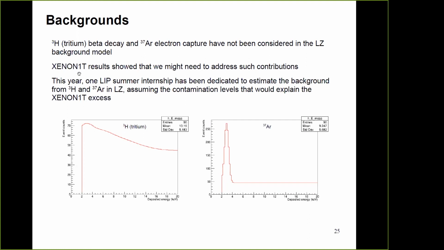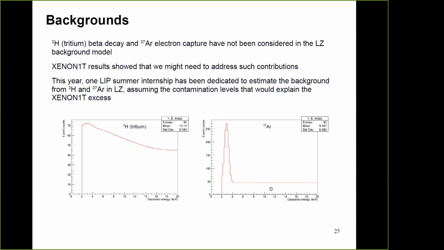But after seeing the results, we have proposed this study as a summer internship, and our student did this work that is shown here. So basically what he did is to calculate the spectrum and add it to the already expected background, which is this flat line here, and flat line also in the left, and normalize the additional contribution to the contamination level that would explain the xenon quantum excess.